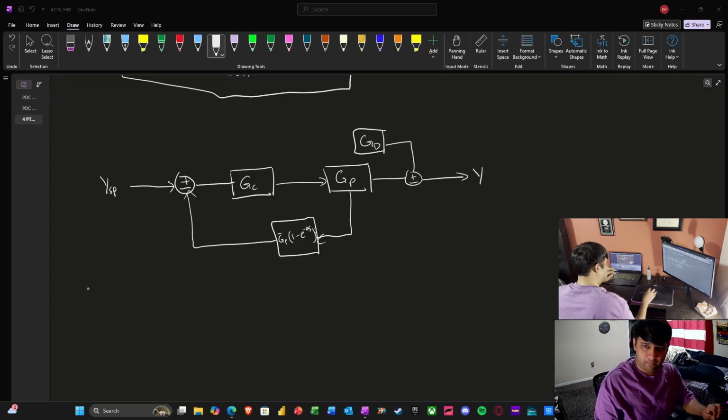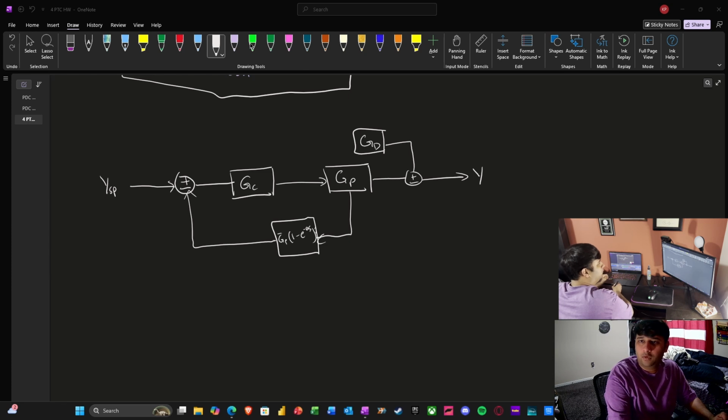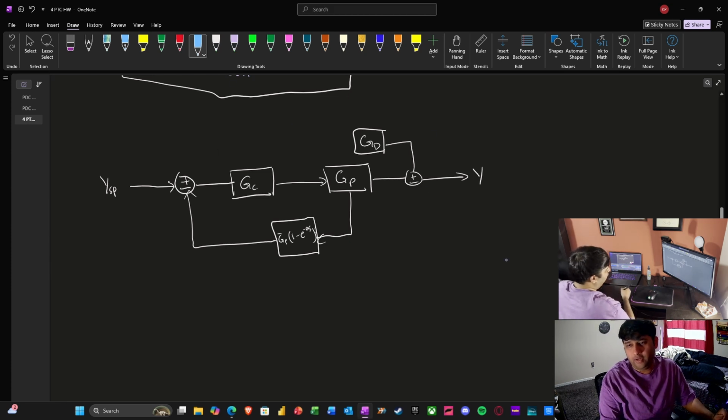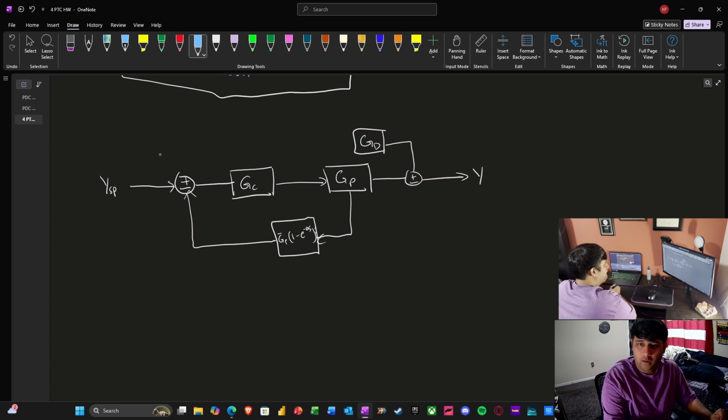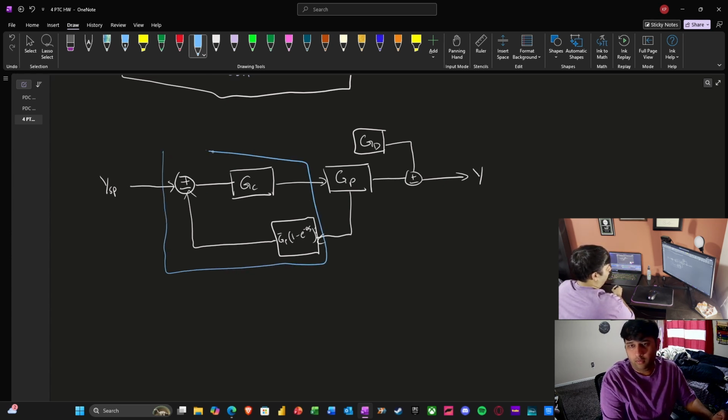For our OneNote part, what we have is our process redrawn a little bit simplified. What we're going to look at is this.